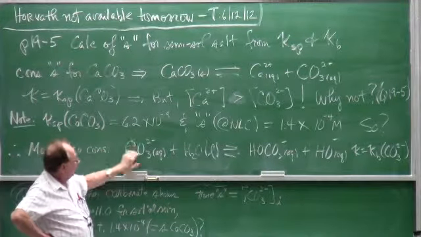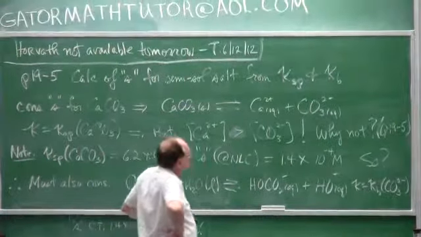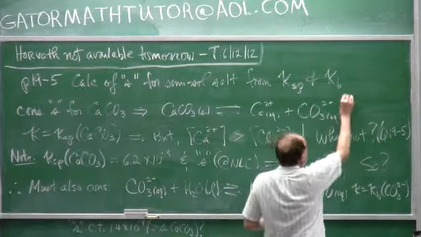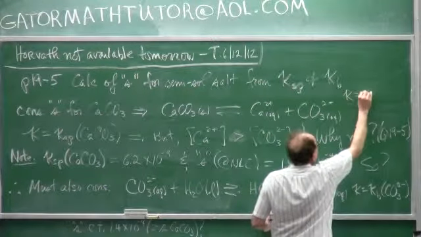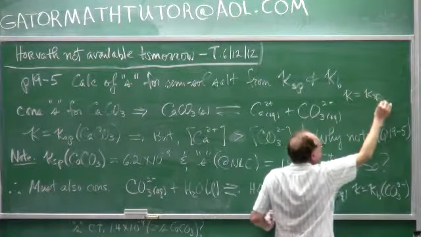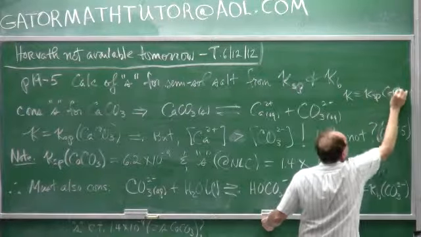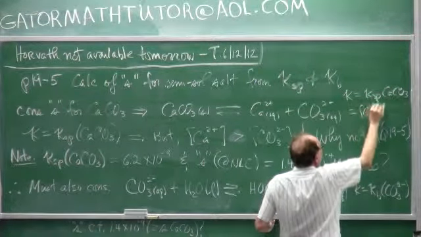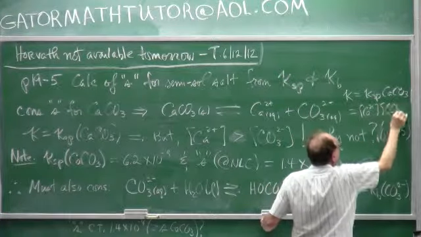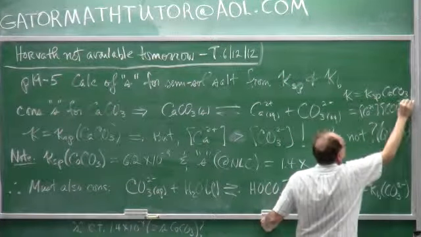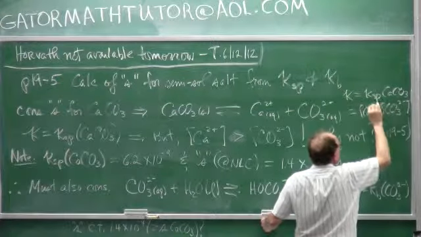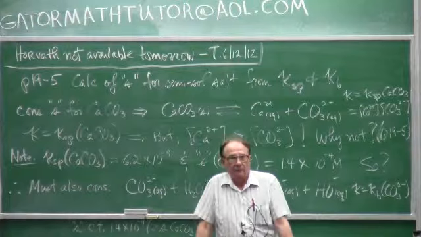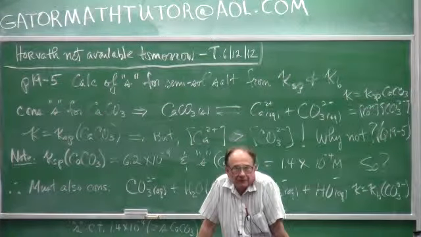Well, you know from understanding what Ksp means that K for this reaction is Ksp for calcium carbonate, which is equal to this concentration product: the molar concentration of calcium ion times the molar concentration of carbonate ion.